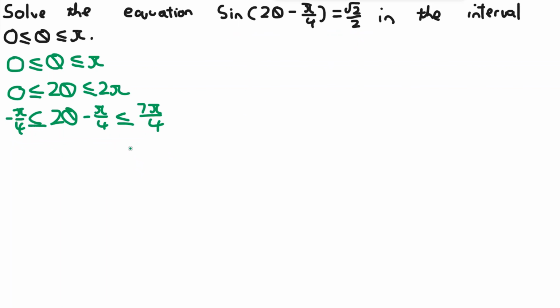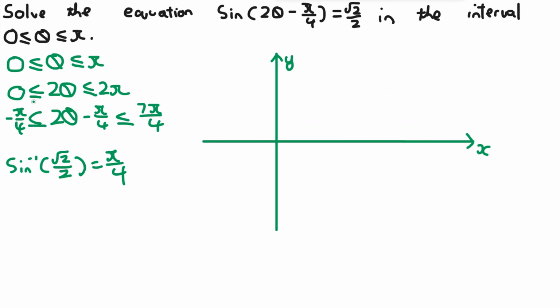So now we need to solve this equation, and all we need to do firstly is do the inverse sine of root 2 over 2, which if you put into a calculator is equal to pi over 4. So I've drawn an axis with a ruler, and now we need to sketch the sin graph in this interval here.